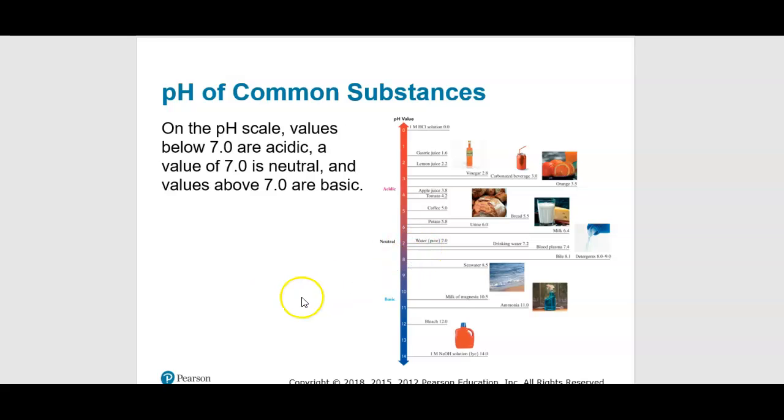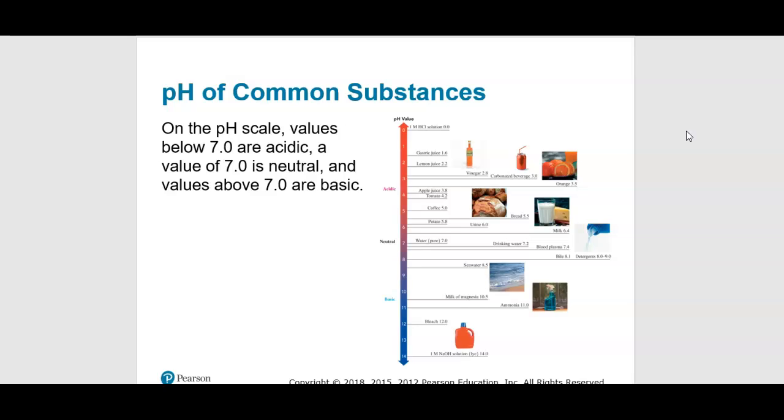And there's a table here that gives you some examples. At the top, you have a very low pH of 0. That's a 1 molar hydrochloric acid solution. Gastric juice at 1.6, lemon juice at 2.2, vinegar at 2.8.